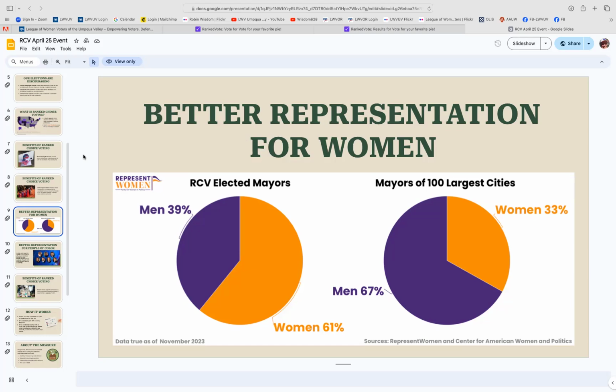However, if you look at the elections for mayor that use ranked choice voting, women are able to secure 61% of those elections, and men have 39% of those elections that they are winning. So you're able to see that women have a better chance of actually getting elected into office, and being able to achieve gender parity is definitely something that is important to our organization and to so many other people here in the state of Oregon.